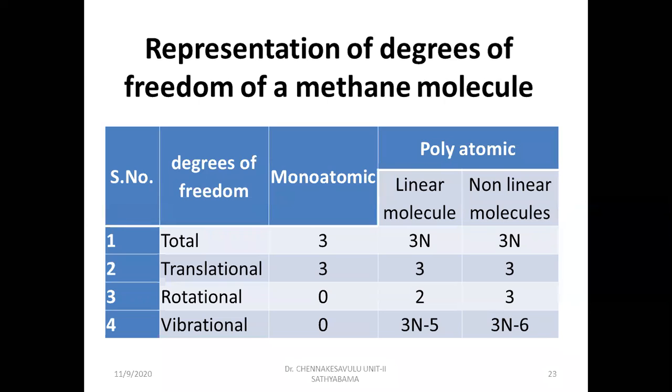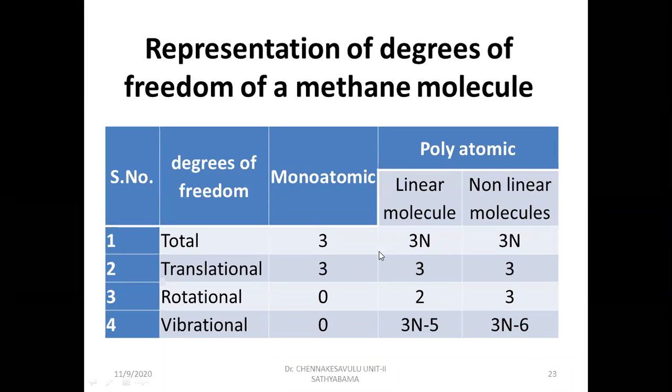Now, if you apply the same knowledge here, we will be missing one rotational motion, because through this linear molecule, through this axis or through this axis, both axes are the same. Y and Z are the same for a linear molecule. For a non-linear molecule, X, Y, Z will be different. That's why we have 3 rotational motions. For a linear molecule, we have only 2. They are degenerate, like Y and Z degenerate.